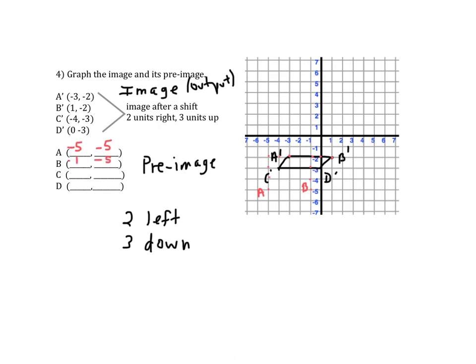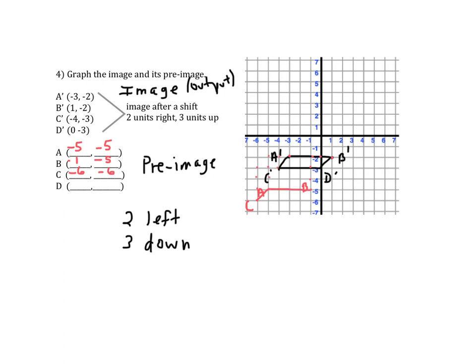Okay, I'm going to come back to C. Again, I'm going to reverse what the rule was. So I want to go 2 units to the left, 1, 2, and 3 units down, 1, 2, 3. So C would be right there at -6, -6. Okay, I'm going to go ahead and connect some of these points. You see the shape coming together.